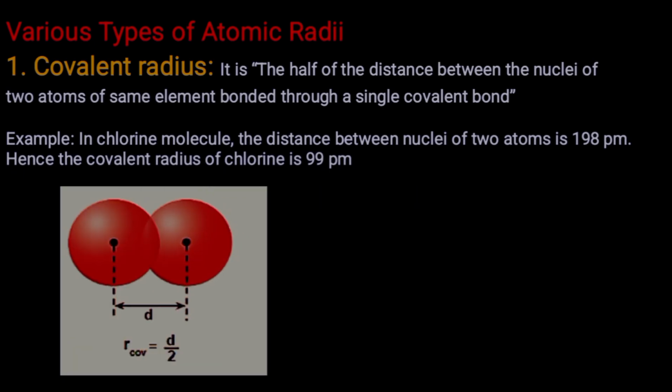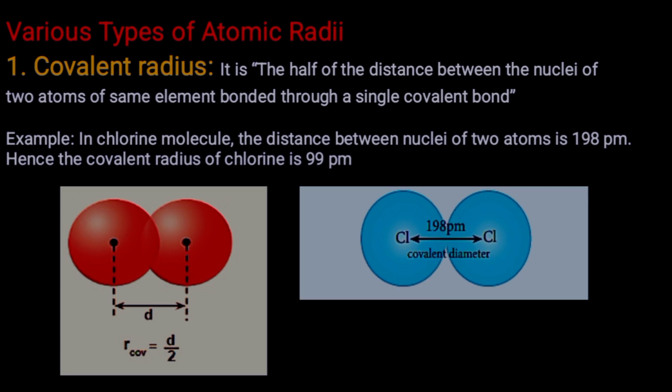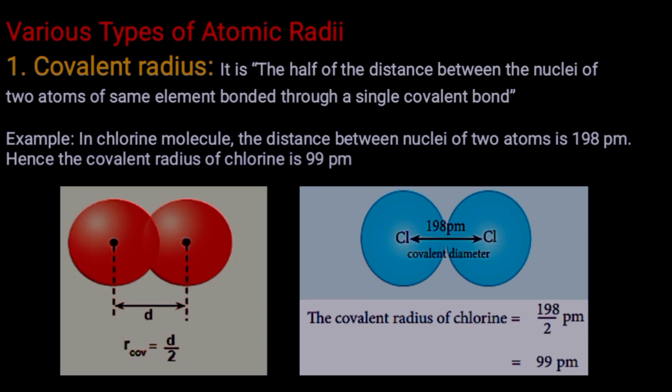In this diagram, if the distance between the two nuclei is d, then the covalent radius equals d by 2. In another diagram, we have two chlorine atoms joined with a 198 picometer covalent bond distance, and 198 by 2 is 99 picometers, which is the covalent radius.